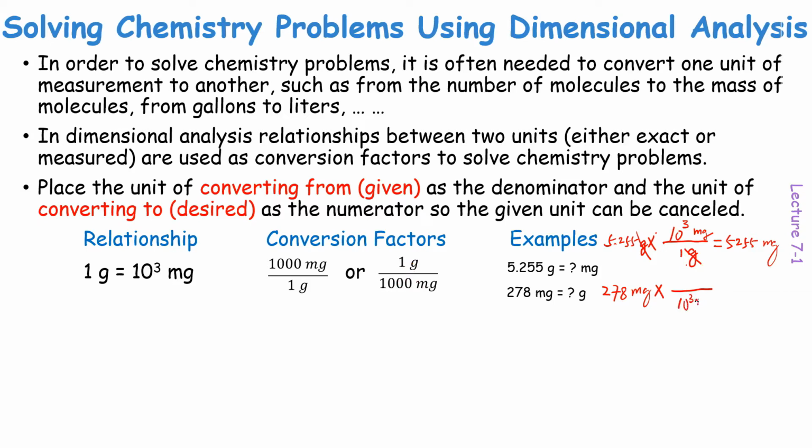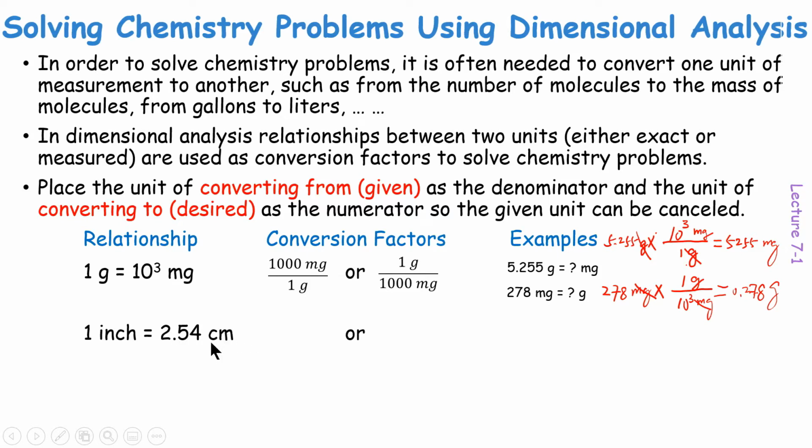I will place milligrams on bottom, 1,000 milligrams, to grams. 1,000 milligrams is equivalent to 1 gram. And now, you see, we can cancel milligrams. And now grams should be the remaining unit for the answer, and that should be 0.278 grams.